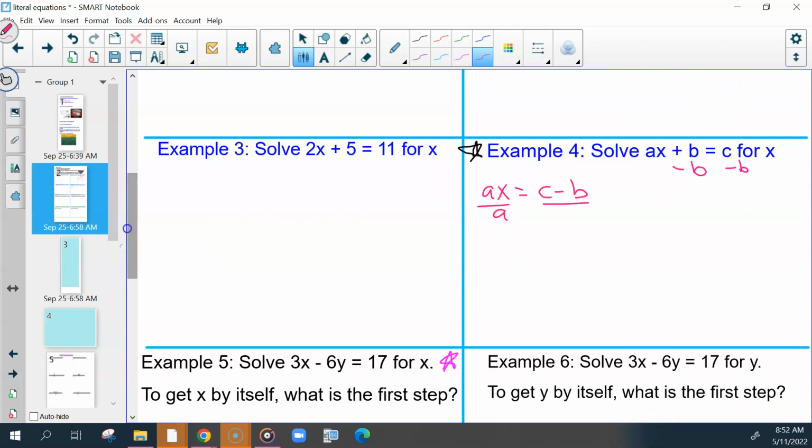And then x would equal c minus b over a. When you're dividing it to the other side, you can divide it all at once. So we would just have c minus b over a. I have no idea what any of those things are, but I know that this is the equation to find x. If I had values, I could put them each in and then find my x value, but I don't.